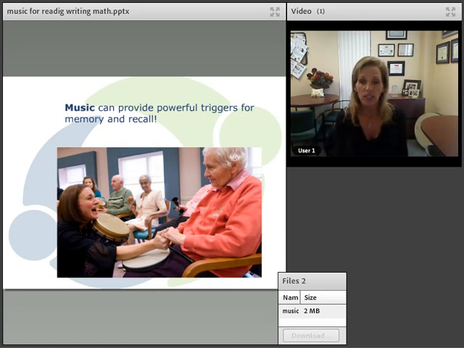One of the things that music can really help to do is provide powerful triggers for memory and recall. This is not only true for the elderly, but obviously very true for all of us. And if you've noticed with young children, they often learn the lyrics to a song very quickly, even more so than being able to use language as a communicative function for everyday functional life skills.